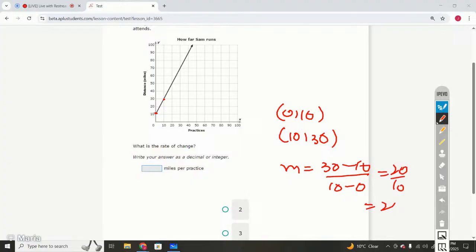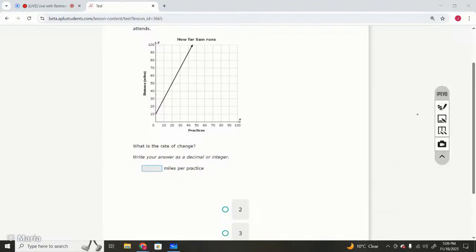So the slope of the graph is 2. Option number 1 is the correct option.